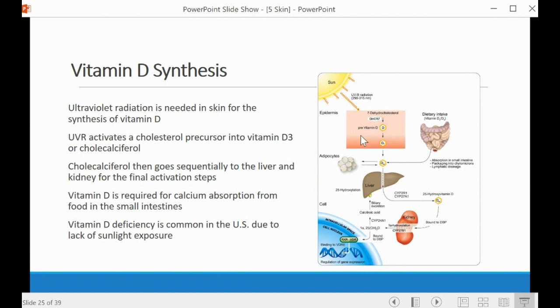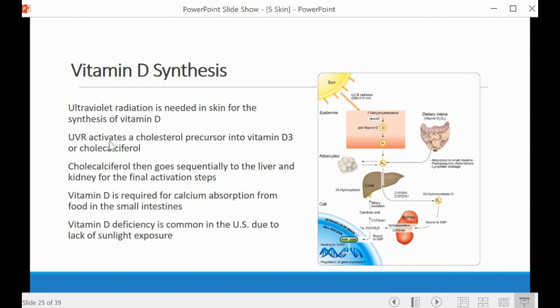We actually get this pre-vitamin D. Okay, and we also can take in vitamin D. That all has to go through the liver to be processed, and then it's going to go through the kidneys to then be able to be utilized for our final activation.